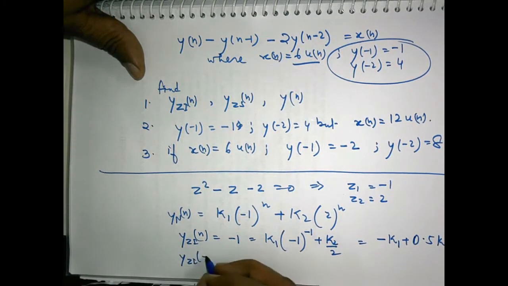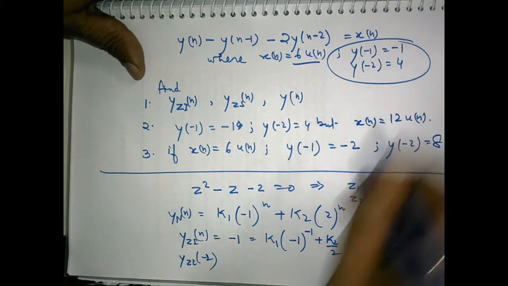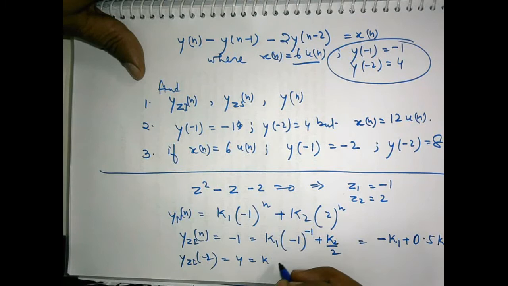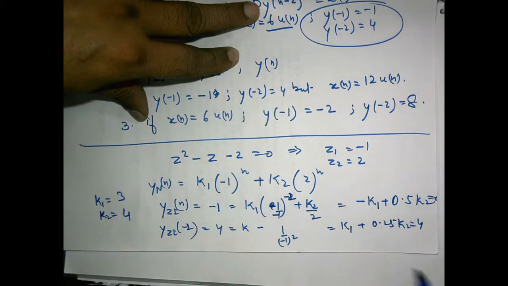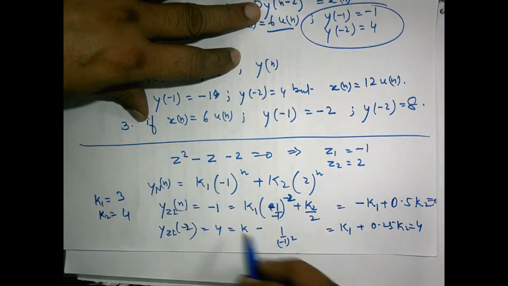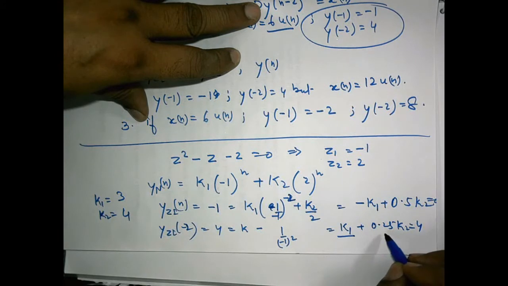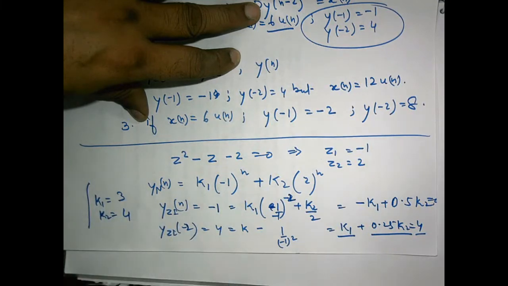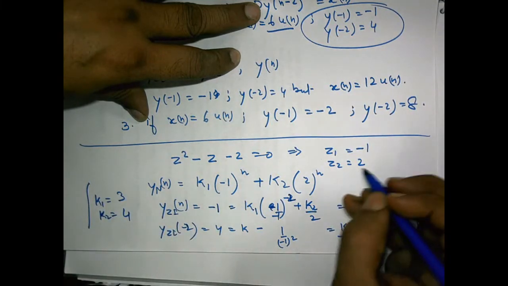And what is the second equation? y_zin(-2) is equal to 4. So k1(-1)^-2 plus k2(2)^-2 equals 4, which gives k1 + 0.25k2 = 4, and this results in the values of k1 and k2. k1 is equal to 3 and k2 is equal to 4.